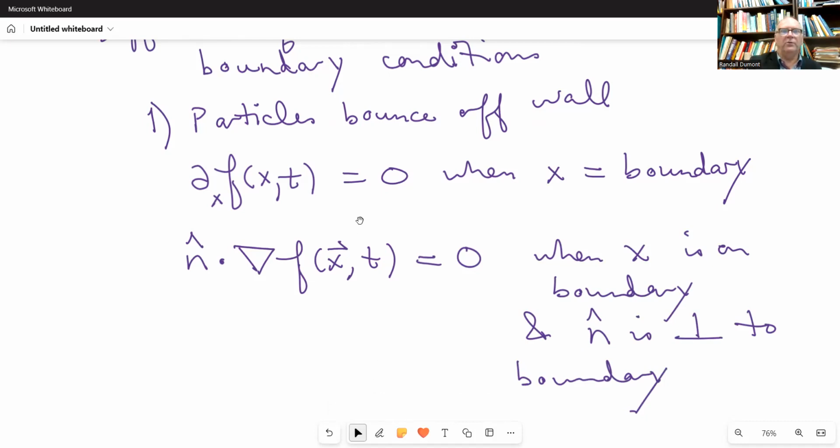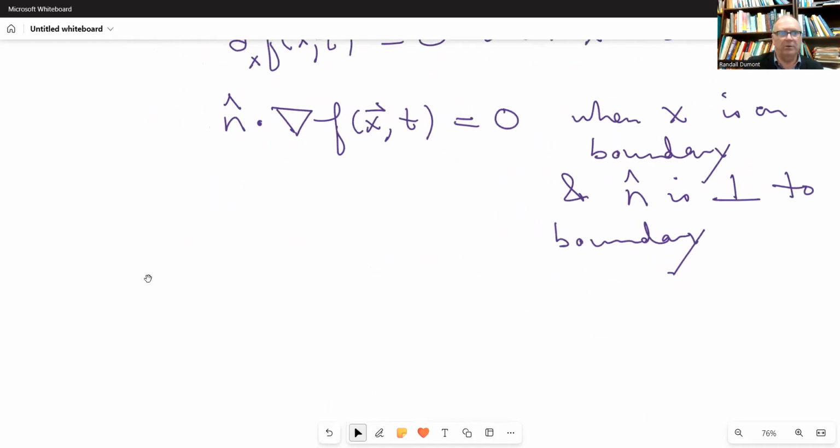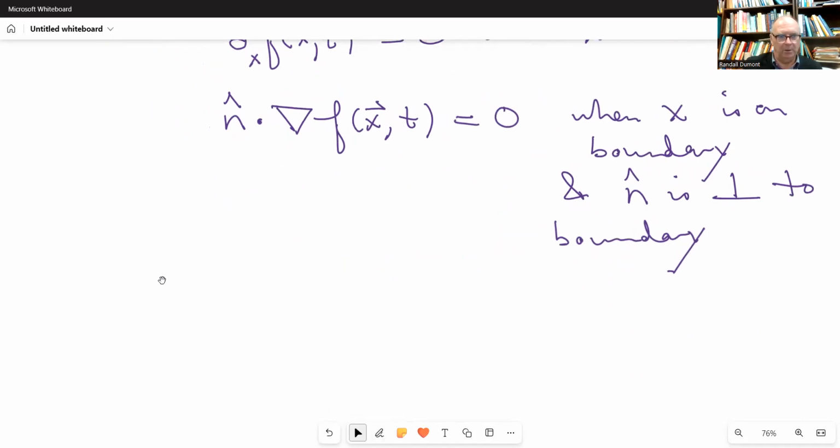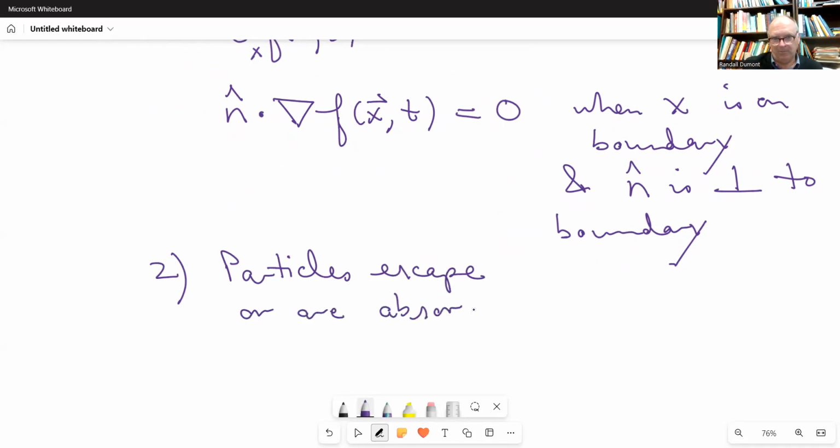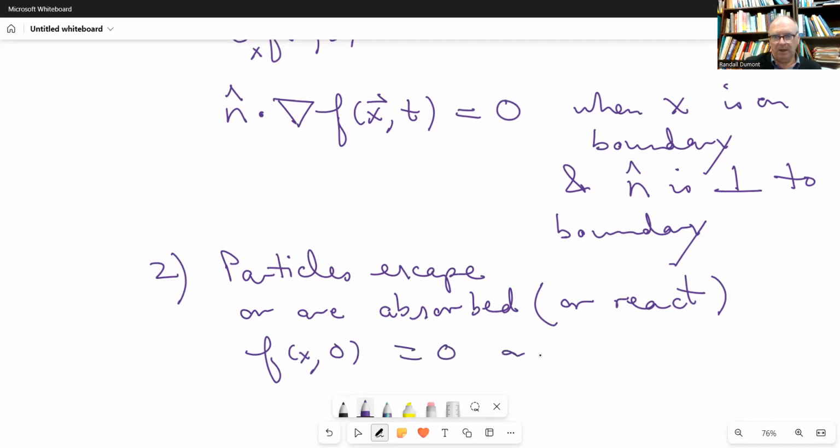And then you can also have particles escape or be absorbed, or react, in which case they become other particles, but that would be another distribution. So in this case, our boundary condition is that f of x equals 0 on the boundary.